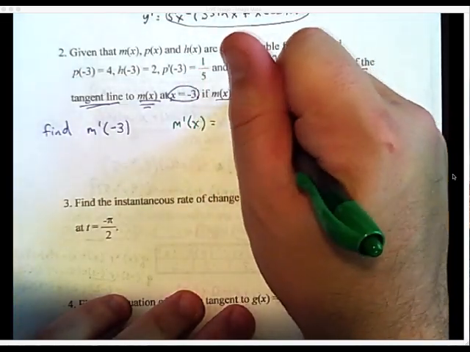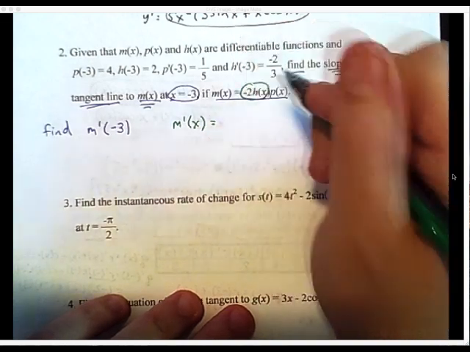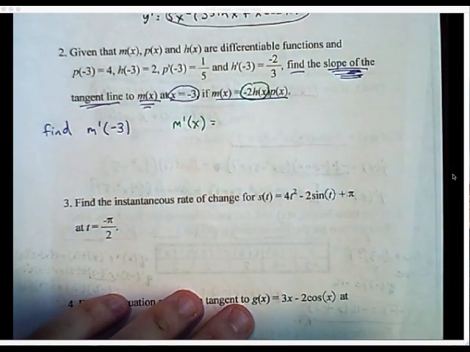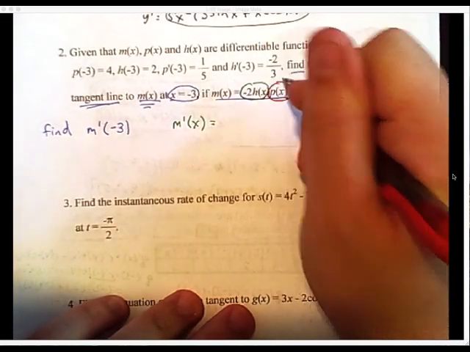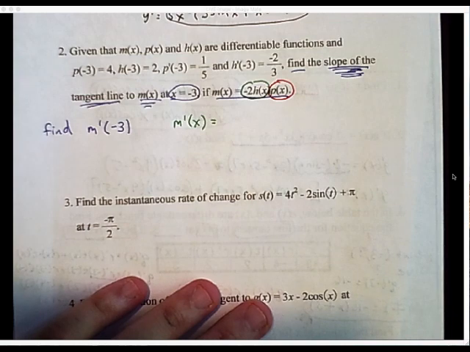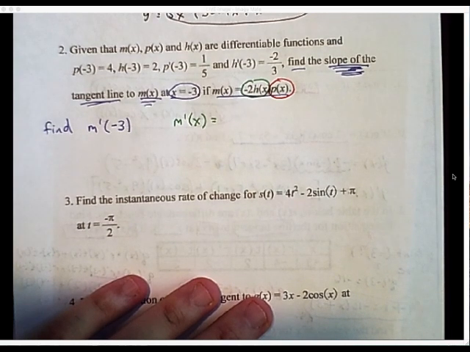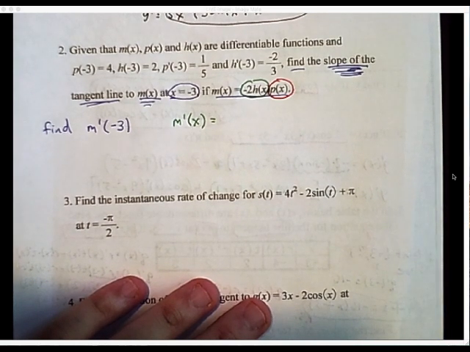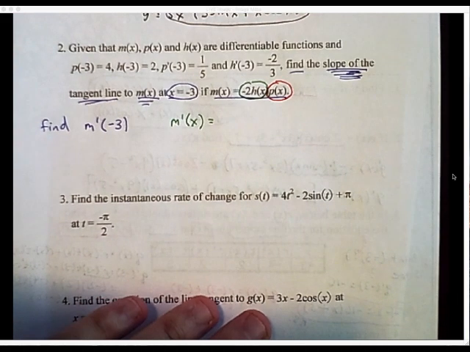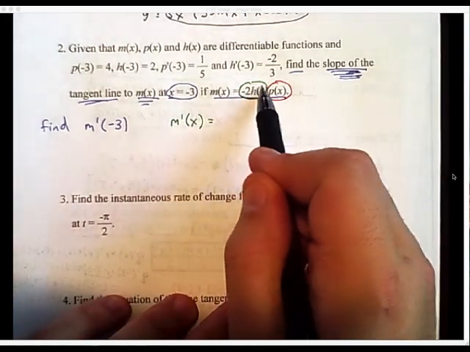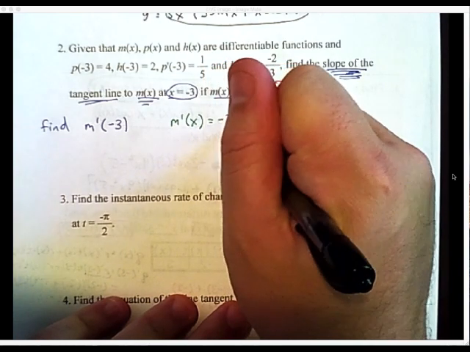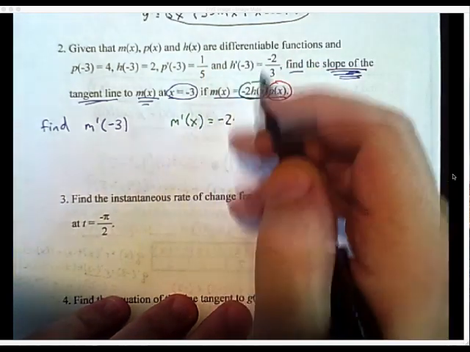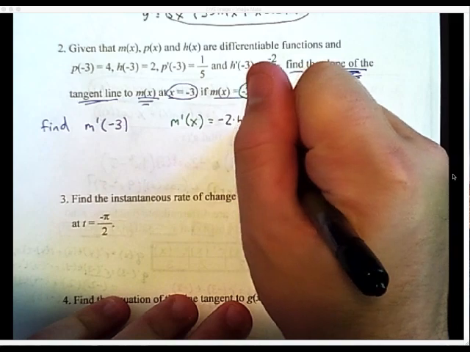Okay, so here's my first term, -2h of x. Here's my second term, p of x. Those are being multiplied, so it's a product, so I have to use the product rule for the derivative. Okay. So what's the derivative of this part of the first term? Well, the coefficient stays, times the derivative of h, which would be h prime.